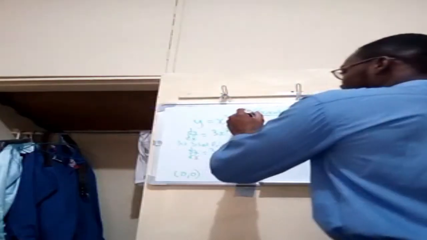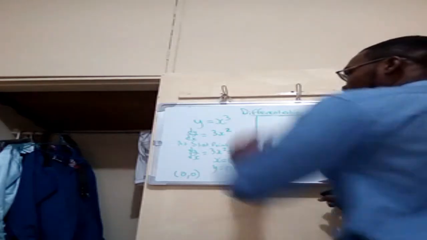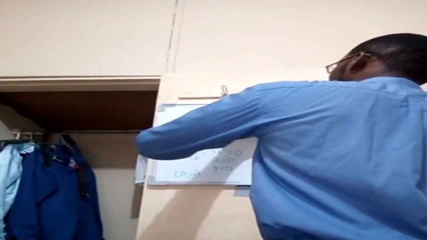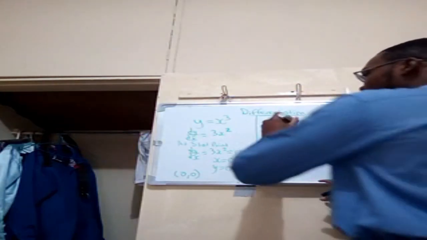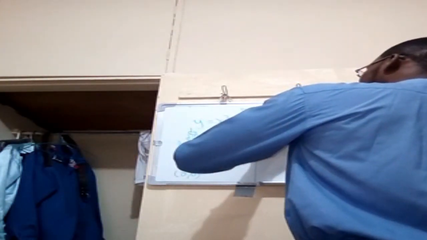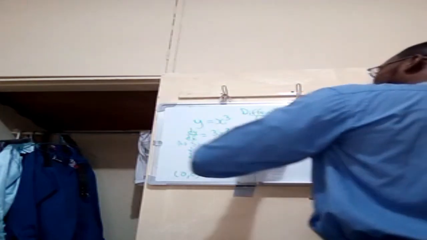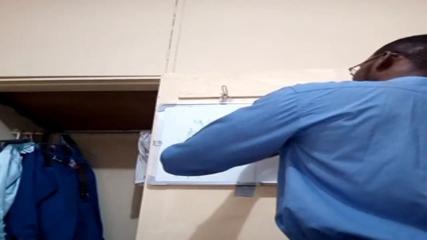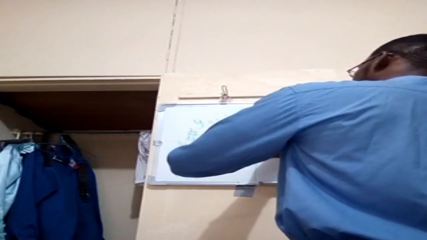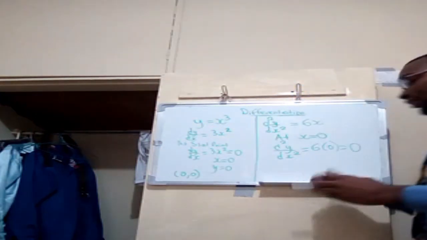Now look at this. Let's say we want to find the nature of this turning point. Now d2y by dx squared is, when we differentiate 3x squared, we get 6x. Now at x equals 0, d2y by dx squared is equal to 6 times 0, which is equal to 0.